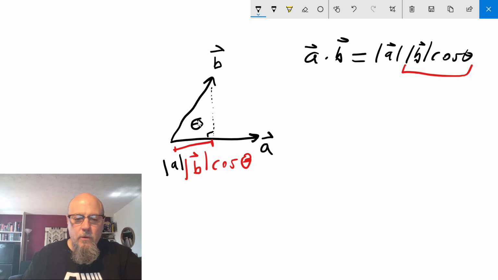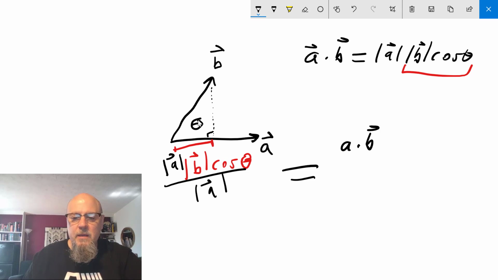But if I multiply top and bottom by the magnitude of A, the top can be equal to A dot B, and if I have vectors in component form, calculating A dot B is easy, divided by the magnitude of A. So this is another way to calculate the scalar component.